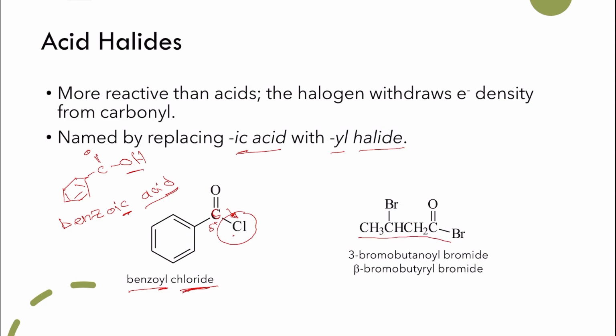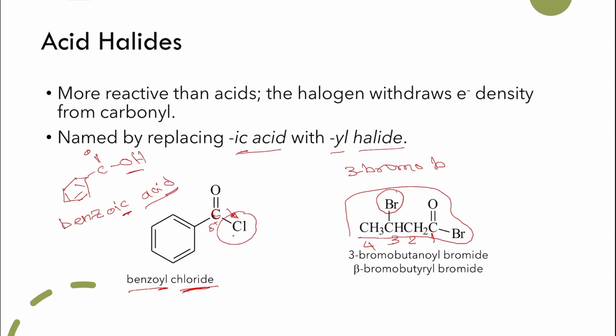Let's have a look at this one now. So where is our acid? Our acid is this one. So it's 1, 2, 3, 4. So it's butanoic acid. So the parent acid here is butanoic acid, and the butanoic acid has one substituent on carbon number 3, which is the bromo. So it's a 3-bromo.